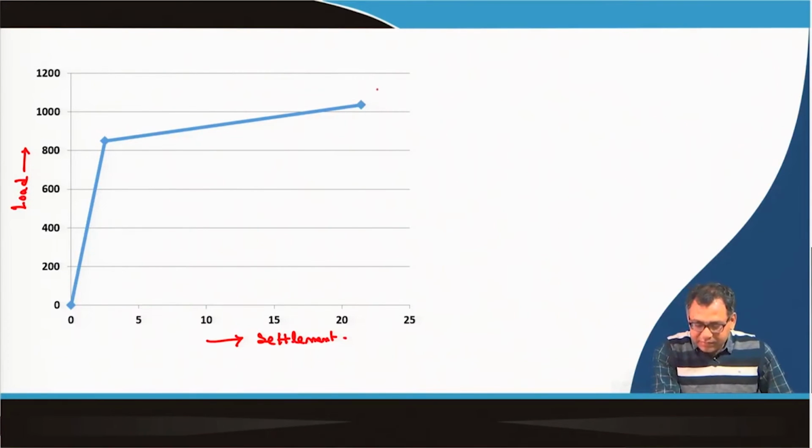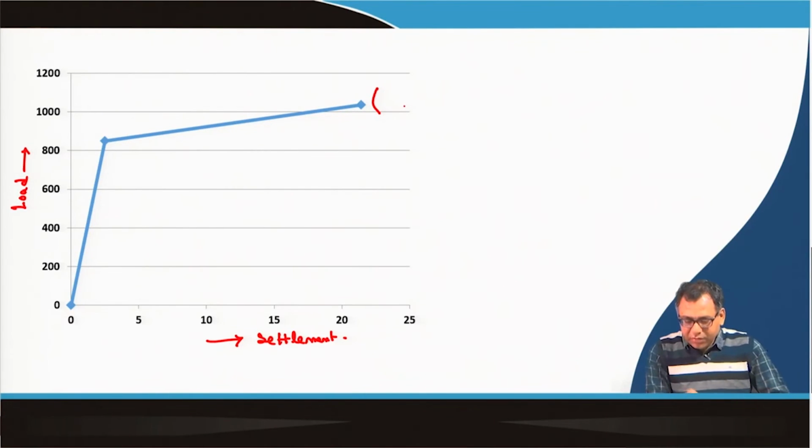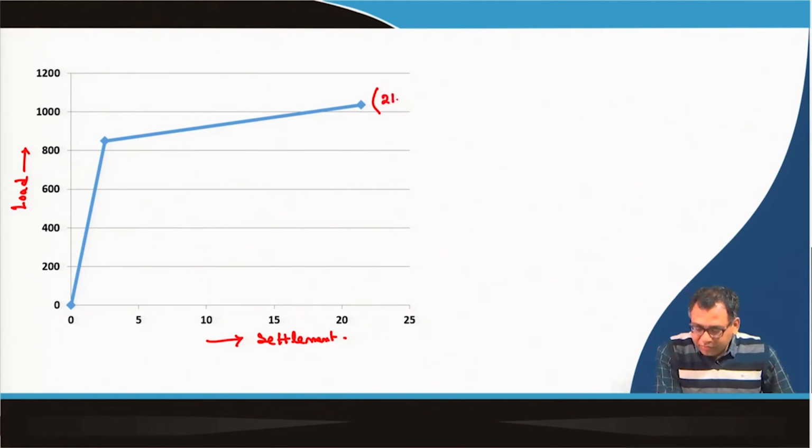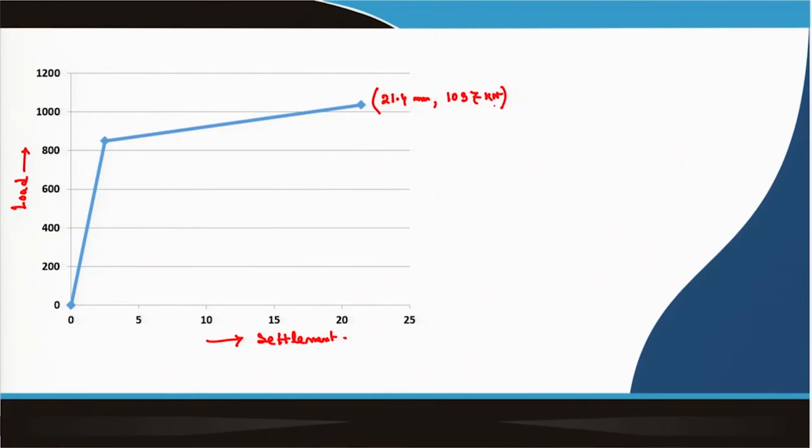So, that means here this is 1037, or I should write that x coordinate is 21.4 millimeter and 1037 kilonewton. Okay.